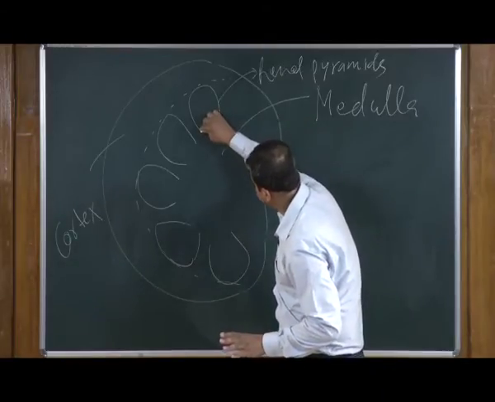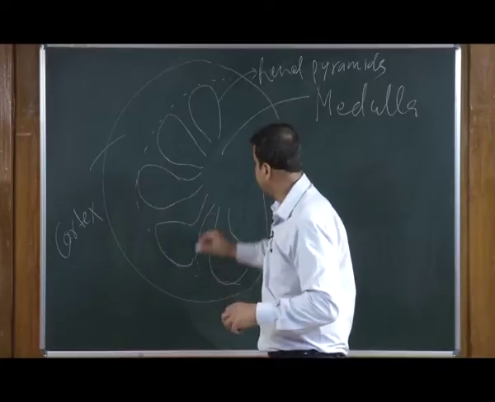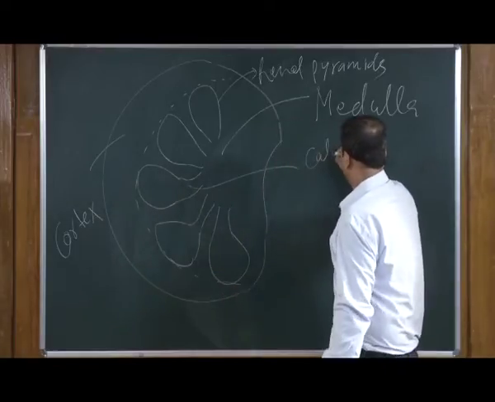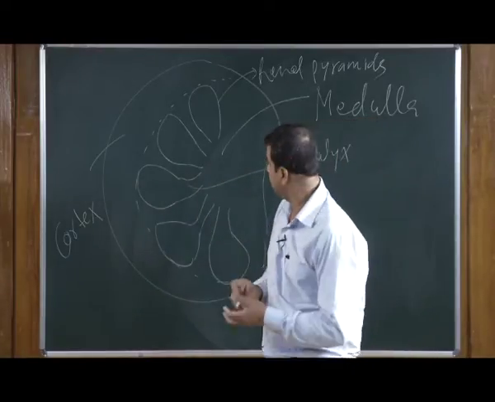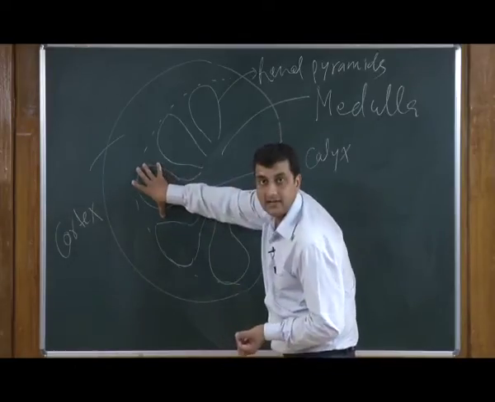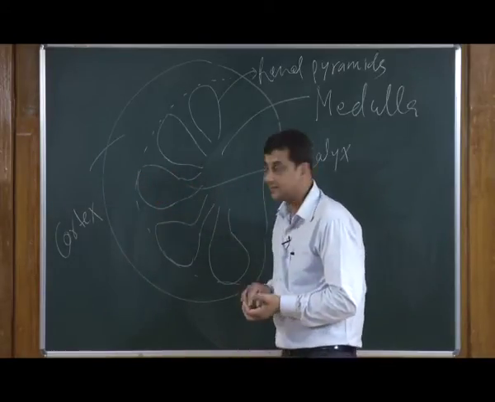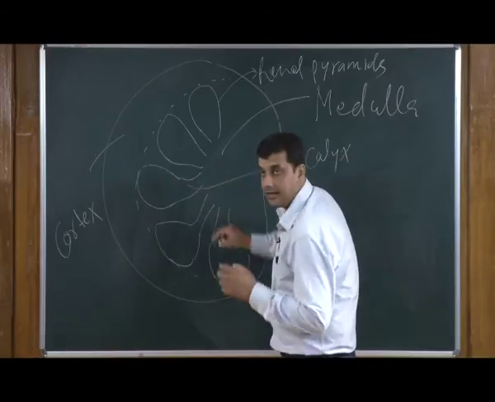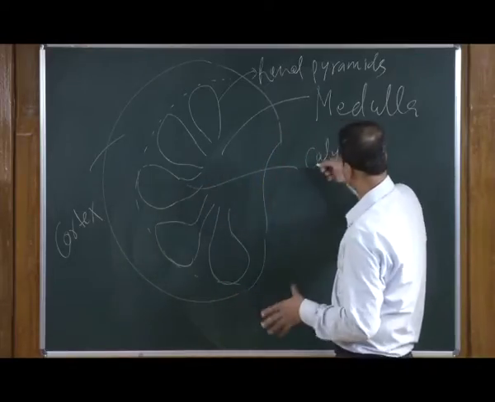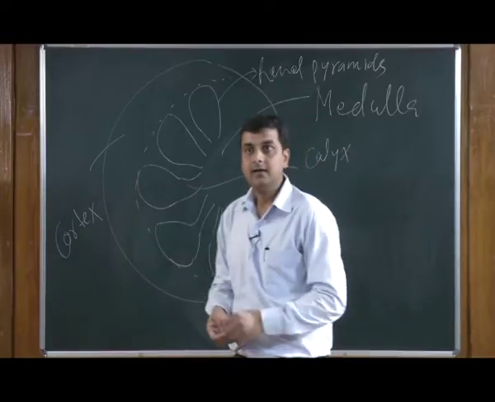These pyramids are tapered, and that tapered area is called the calyx. This calyx is the tapered area of the renal pyramid that is collecting all this stuff. We can simply call it renal calyx because it is a part of the renal system.